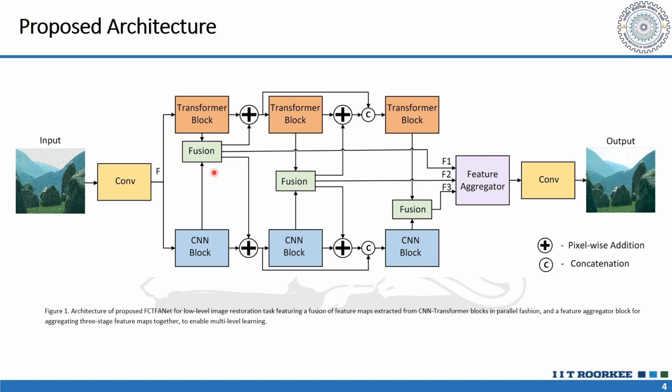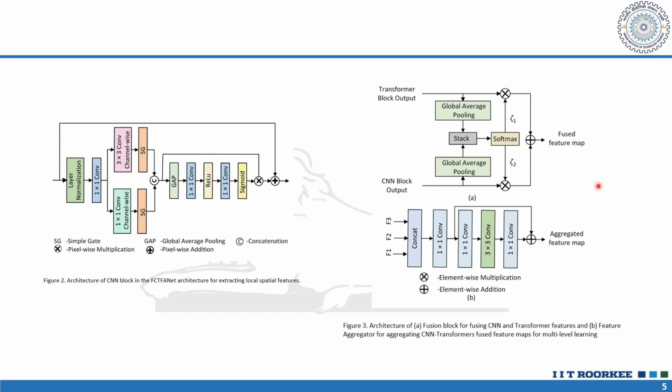Similarly, at different levels, the same process will be continued. Finally, all the fused features will be aggregated together with the help of a feature aggregator module. The final features will be passed through an output convolution layer, and we will get the restored image.